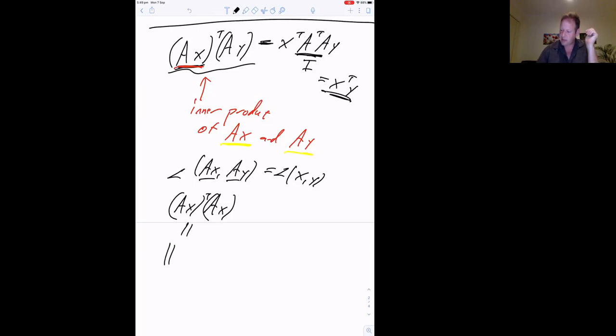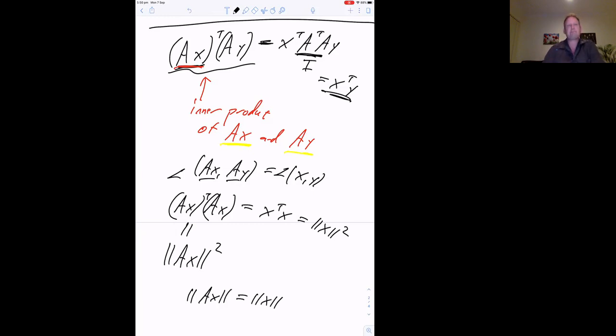This is nothing but the norm of AX squared. By the same argument, this is X transposed X, which is the norm of X squared. And norms are non-negative, so the norm of AX is the norm of X. These are these properties.